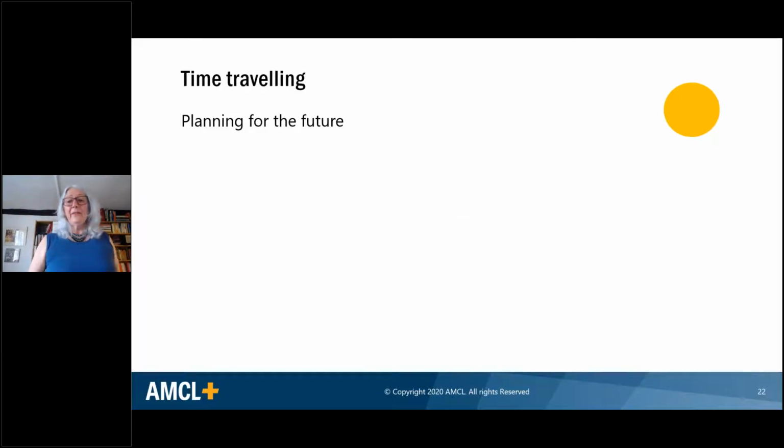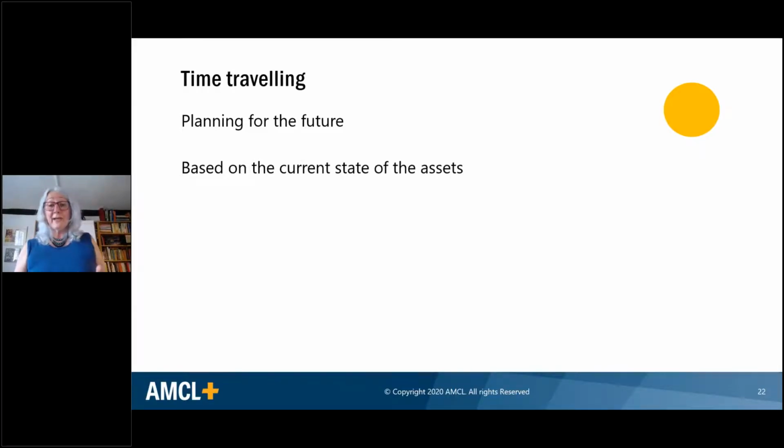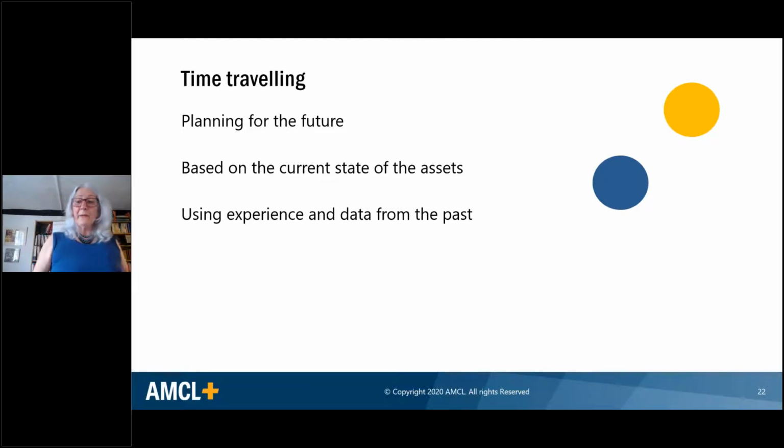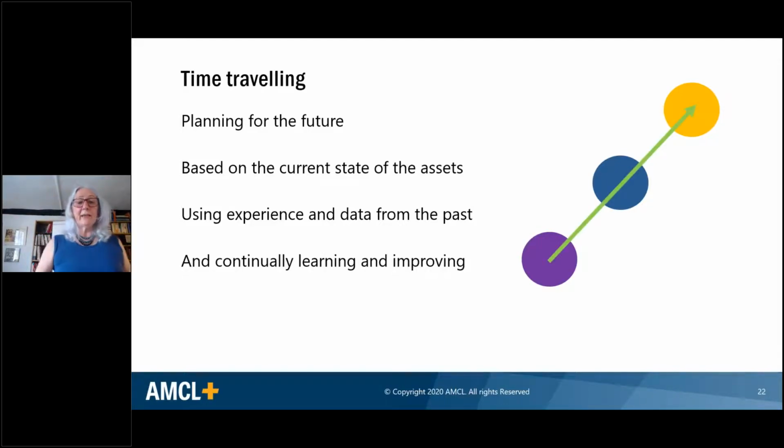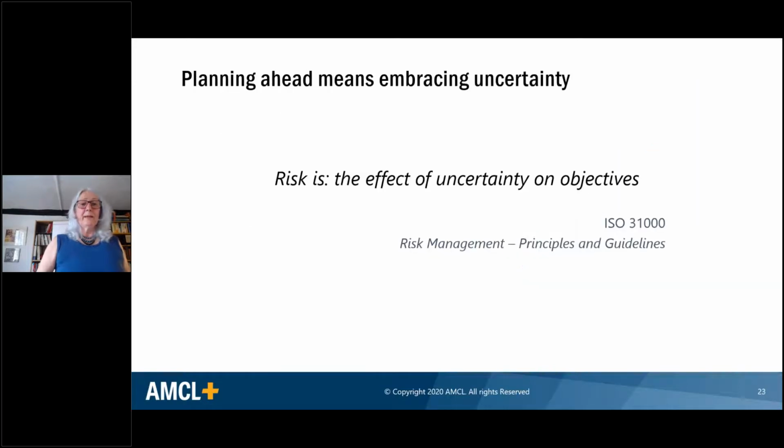All right, and then this is overall our view of asset management. It's time traveling. It's about planning for the future, even if that's next week, based on a good understanding of where our assets are now, and making best use of experience and data from the past. And above all, keep learning, continually learning and improving. So risk is about uncertainty.